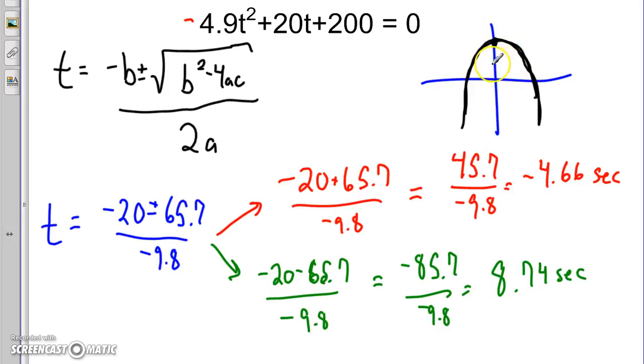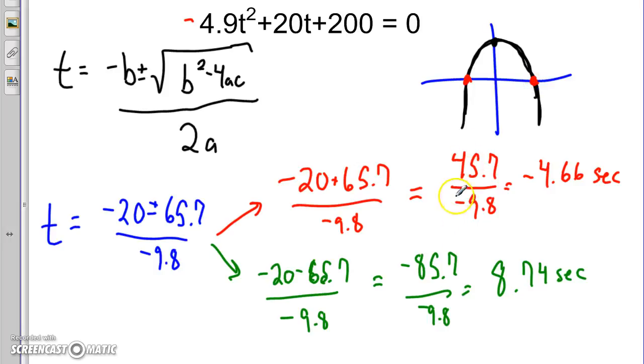One will be negative 4.66, and one will be 8.74, because there are 2 points where it crosses the 0 mark, which is what we're looking for, right? We set it equal to 0. We want to know, what times do we get 0 for this? Because in the grand scheme of things, we're trying to figure out when this thing hits the ground, and we have 2 possible solutions.